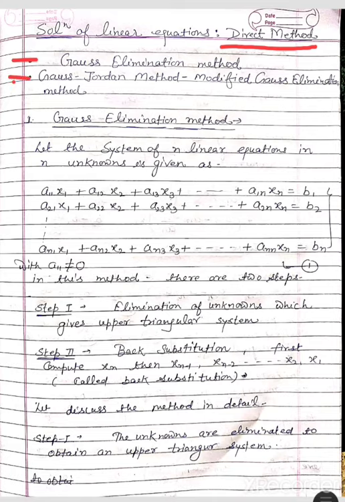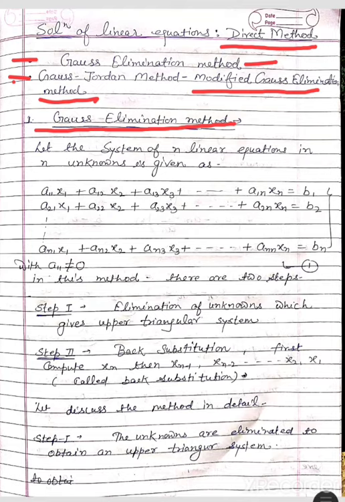Number 1 is the Gauss elimination method and number 2 is the Gauss-Jordan method, which is a modified Gauss elimination method. Let us discuss first the Gauss elimination method.